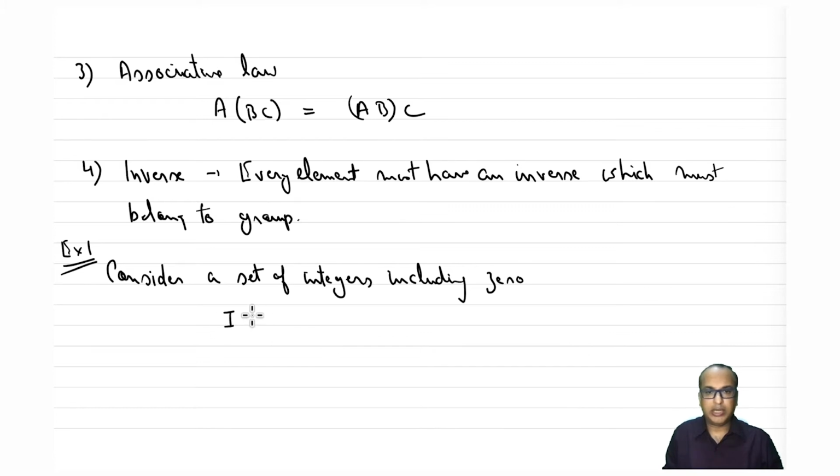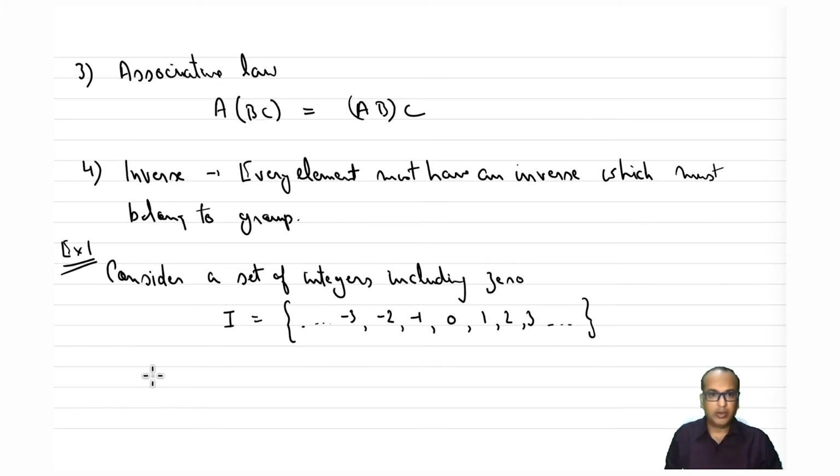So that means I is a set such that you have ..., -3, -2, -1, 0, 1, 2, 3. So this is a complete set. Now let's see if all the members of this group follow the four properties or not.